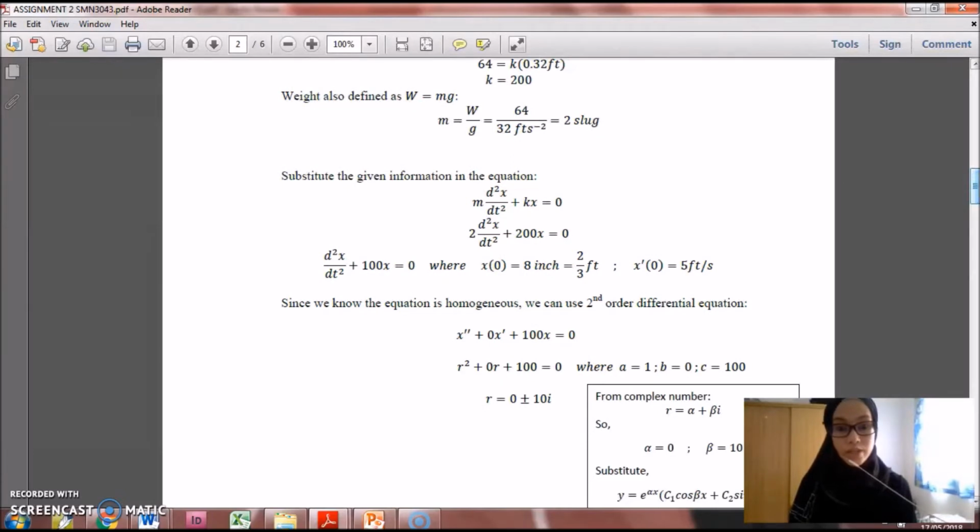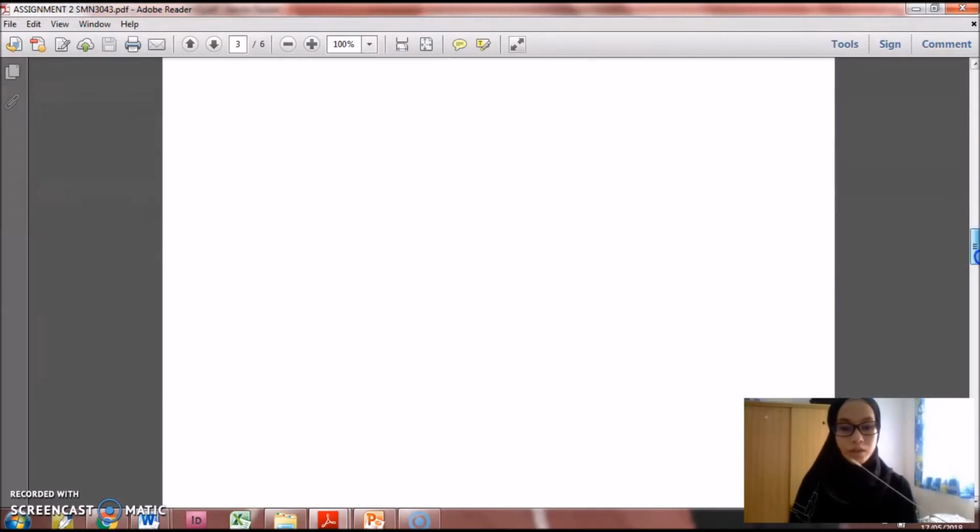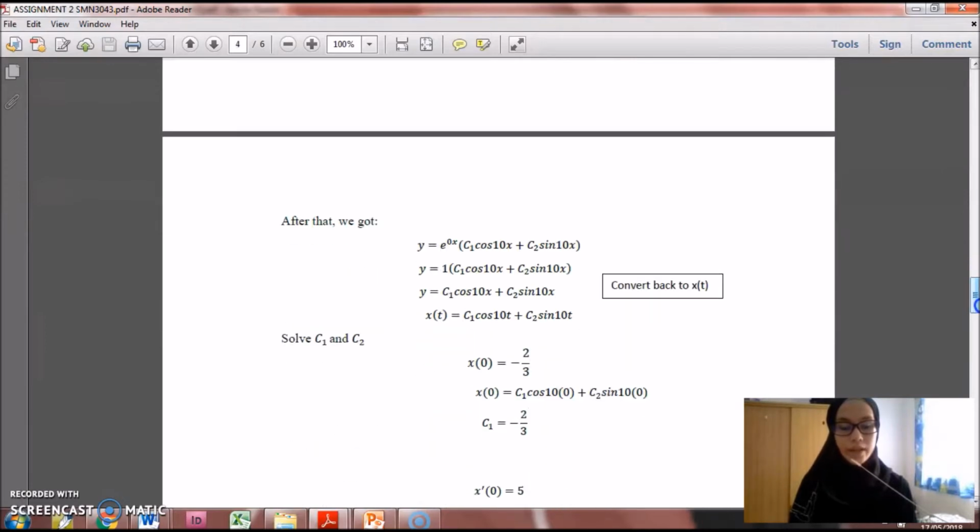We know the equation is homogeneous because it's equal to 0. So we can use a second order differential equation, which is this one. And after we got this equation, we use it to find C1 and C2.